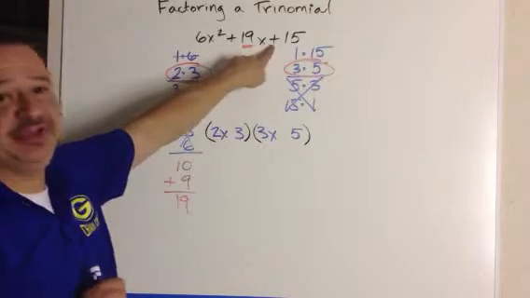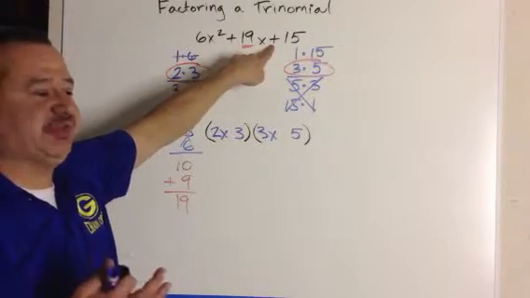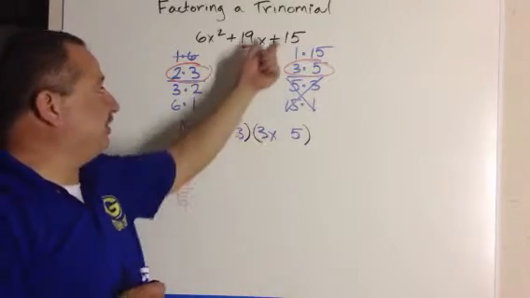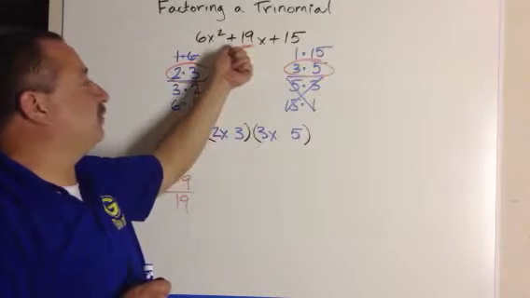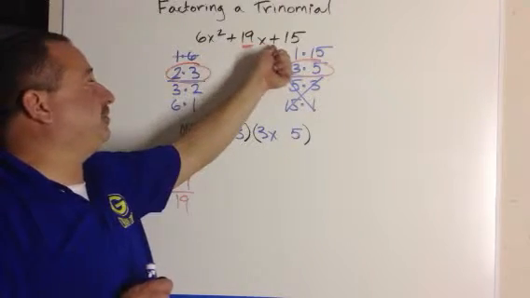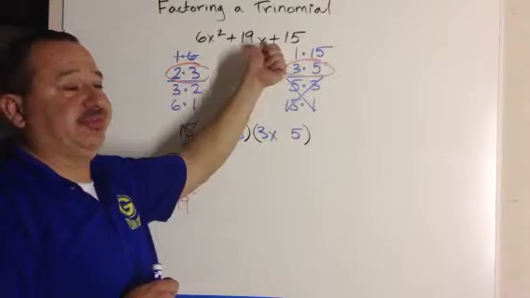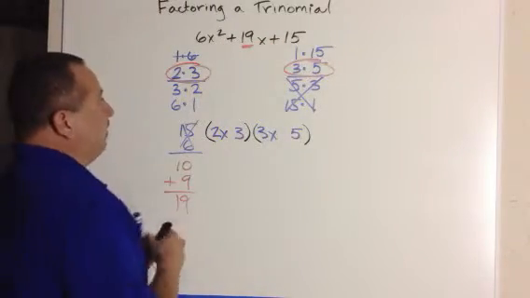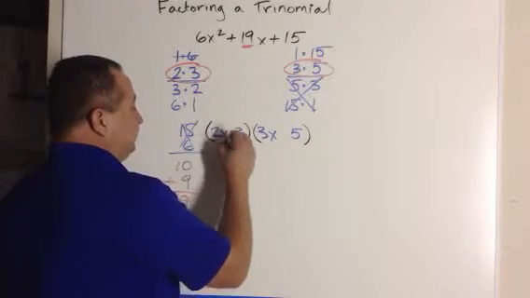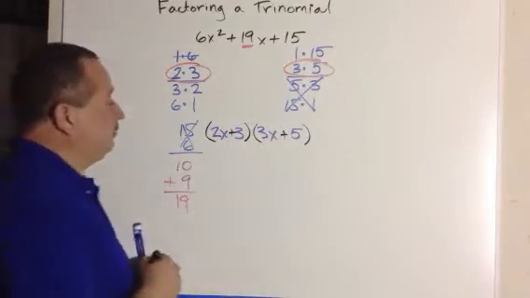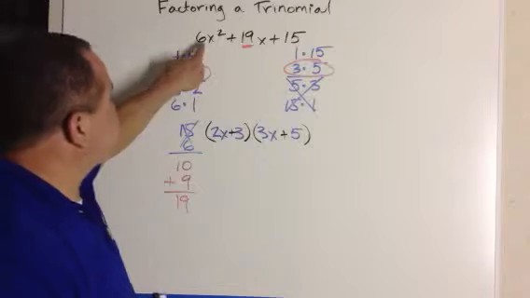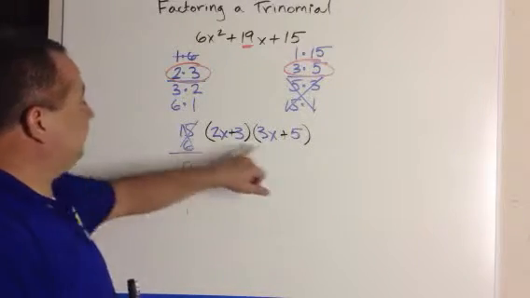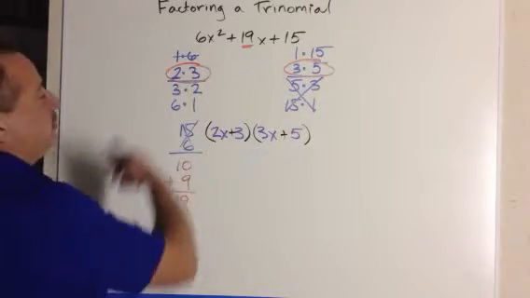But since they're positive, they're going to be the same, either both positive or both negative. This guy tells you that they're both going to be positive. So I'm going to go ahead and put positive. There it is. We just factored 6x squared plus 19x plus 15 using this little method here.